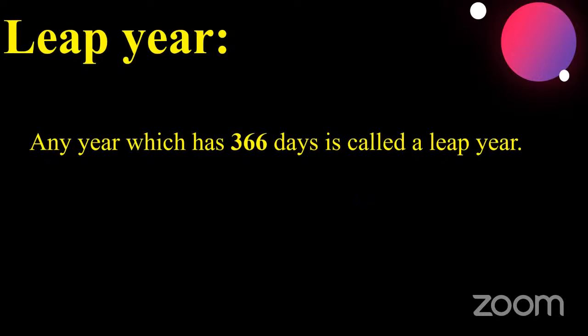Ma'am, I am clear with all but the question. Okay, fine. So why that 0.25 days? Anyone answer me? Ma'am, it's a quarter day. Yes, the quarter day, how has it been added?